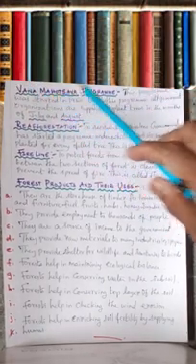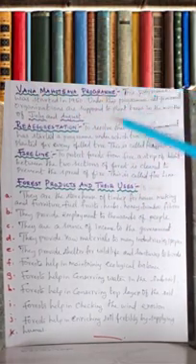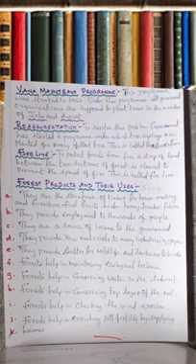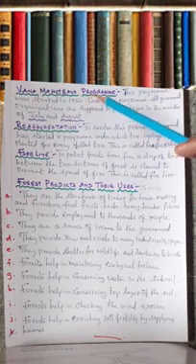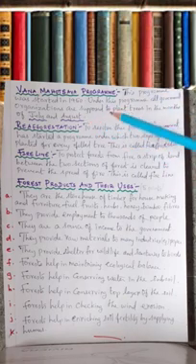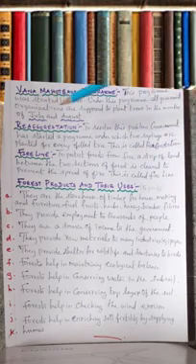Vana Mahotsava program. This is a 2-mark question. This program was started in 1950. Under this program, all government organizations were supposed to plant trees in the months of July and August.